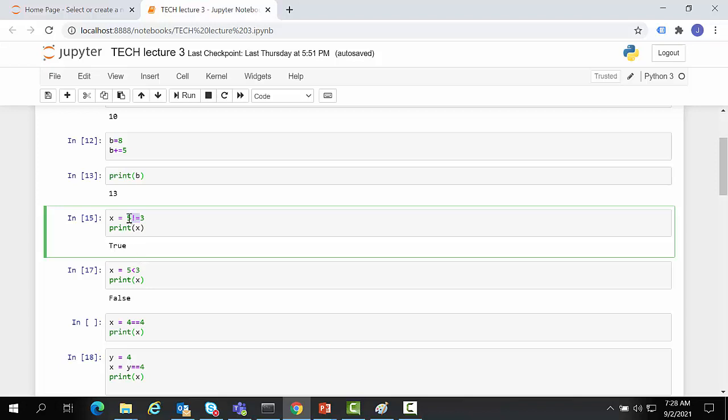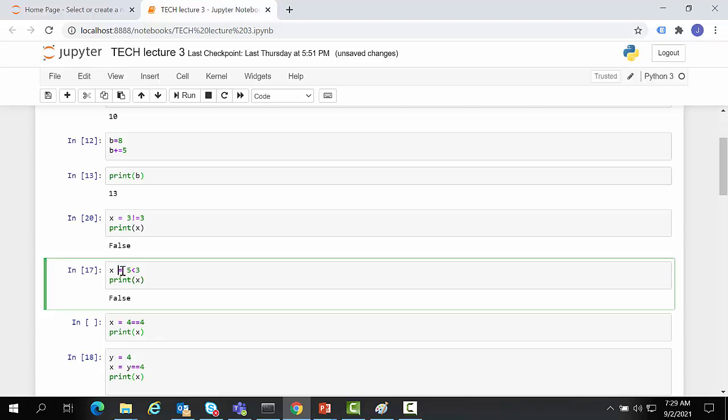So it's akin to asking the computer, is 5 not equal to 3? If the answer is yes, then x is true. Therefore, when you print x, you will see that it's true. The moment 3 is not equal to 3, this becomes false. It's akin to asking, is 3 not equal to 3? The answer is no, therefore x is false.